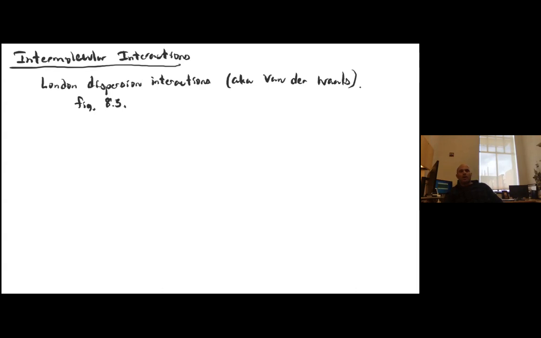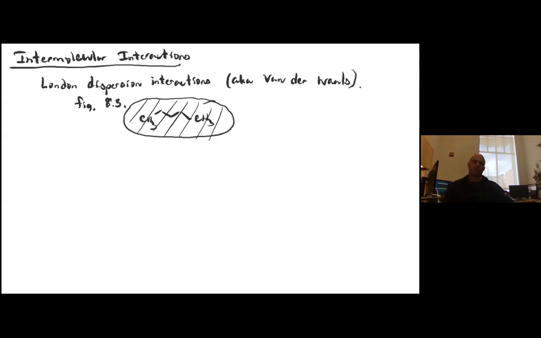And so if we think about it from that perspective, we can say, let's draw pentane, okay? You can think about pentane as basically this cloud of electron density, okay? And normally, averaged over time, that electron density is sort of evenly distributed around the molecule, okay?